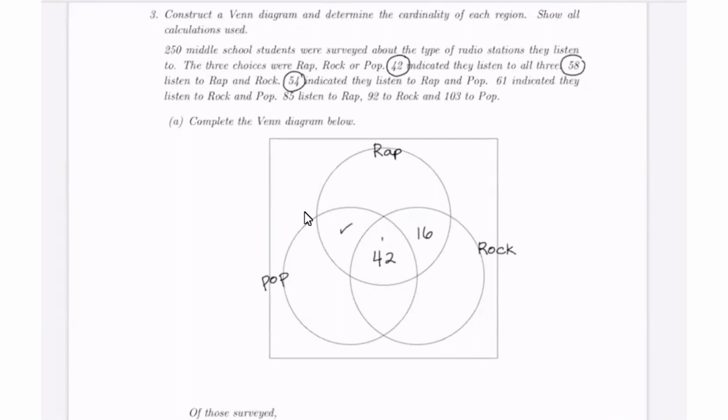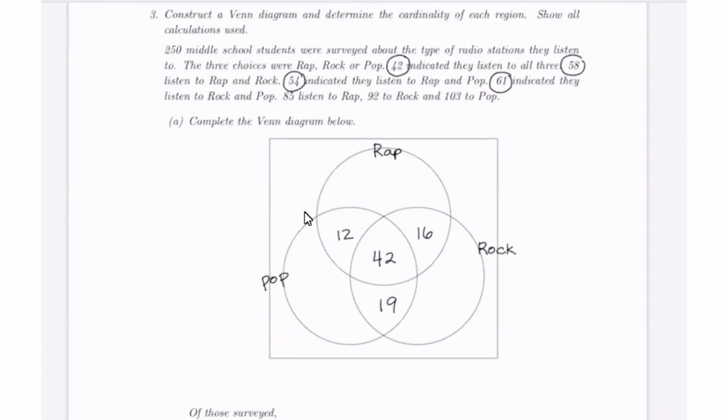So this is 54 together. That's 12. Okay, thank you. And then 61 with rock and pop. That's 61 together. So that's how many? 19. Okay, I have 19 here.